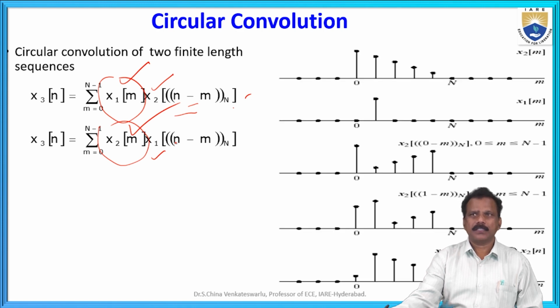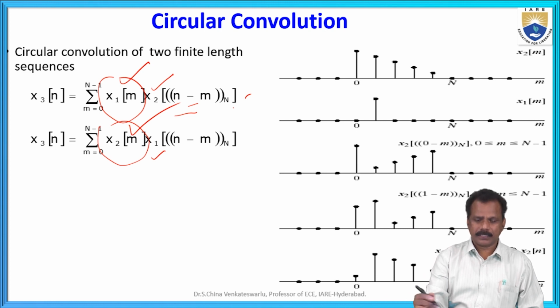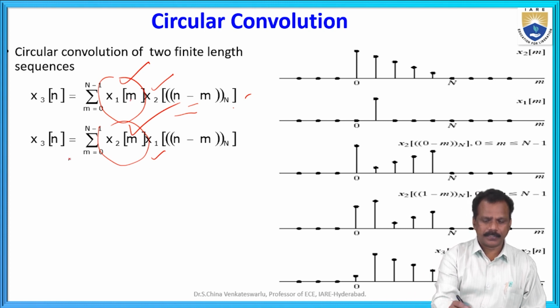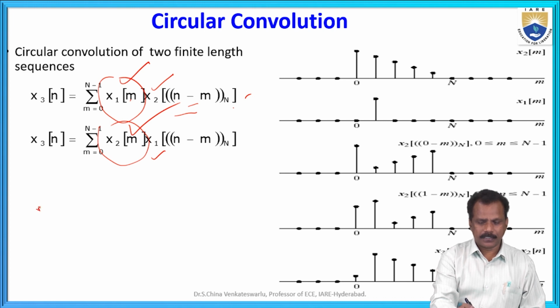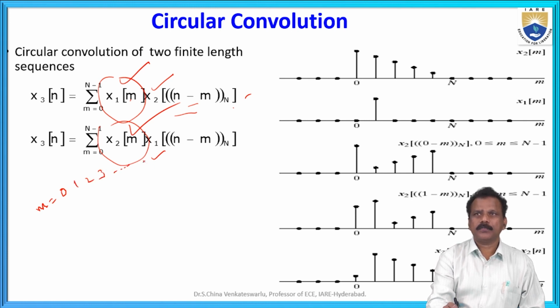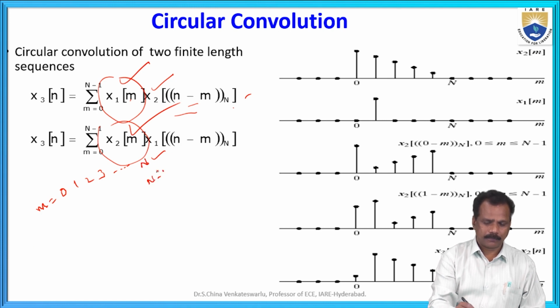With this, consider m versus x2 of m, where m is equal to 0, 1, 2, 3, and so on up to N minus 1.